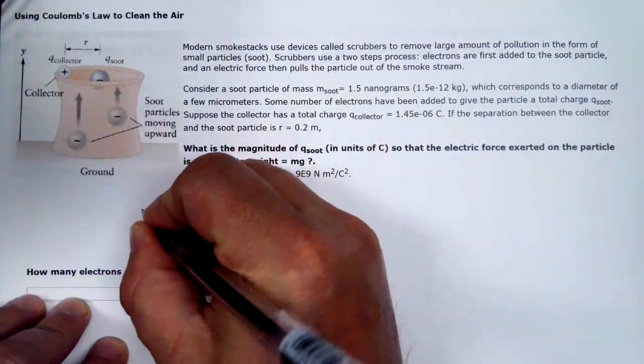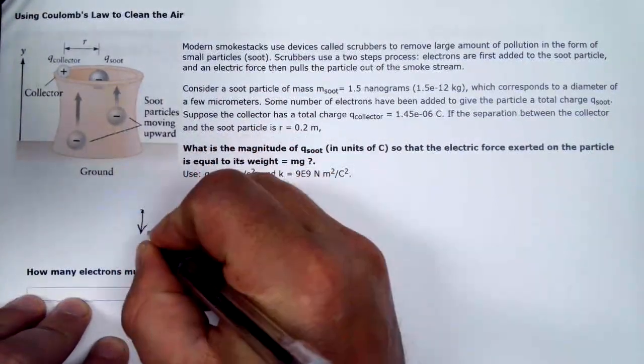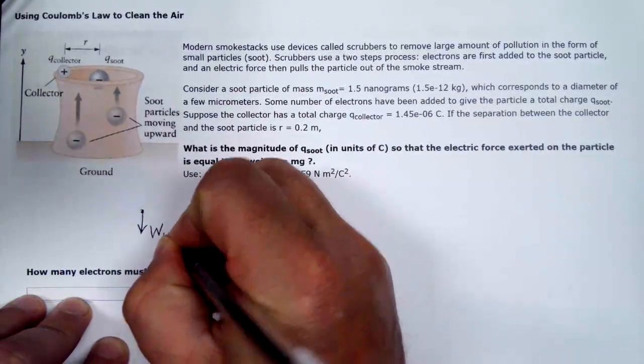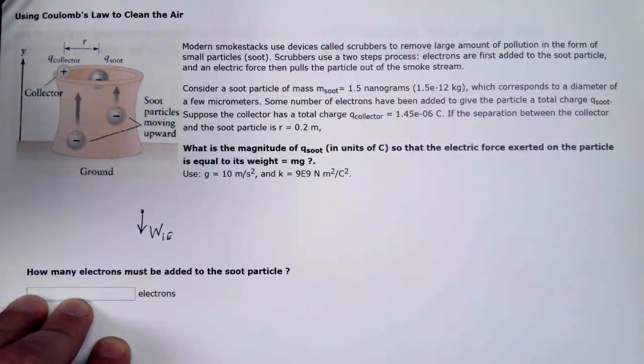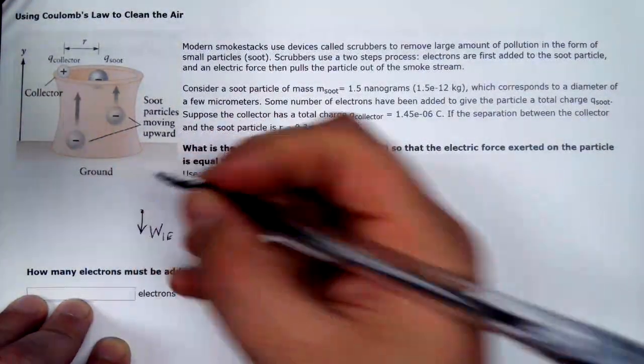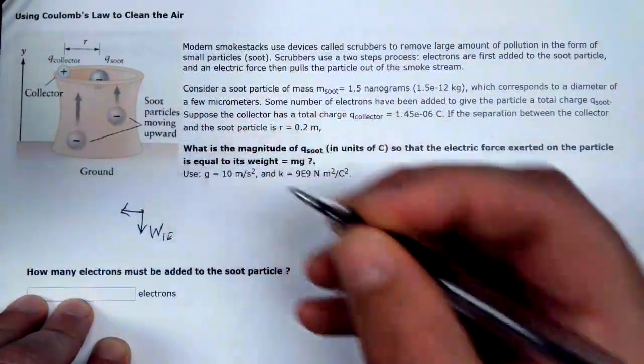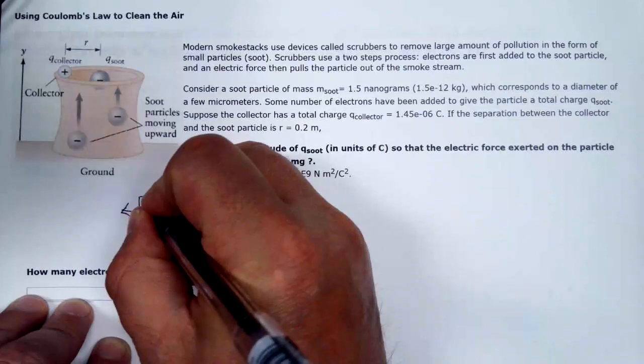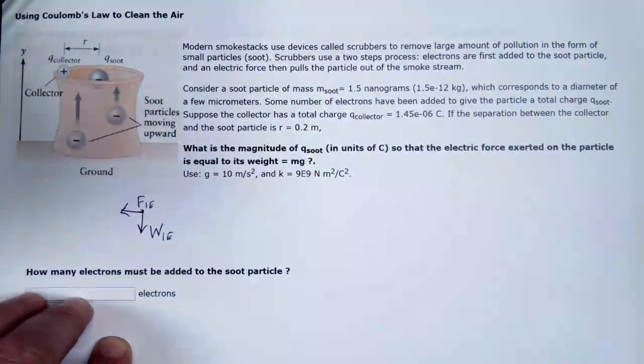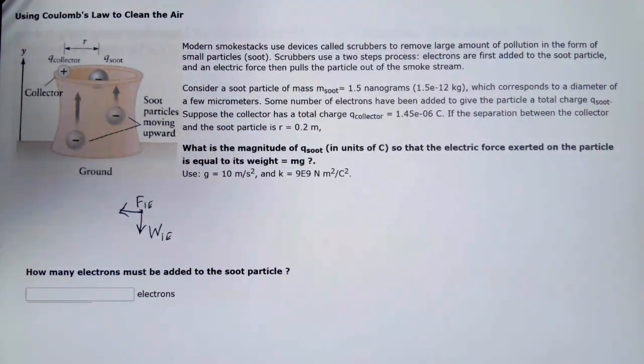Pointing down is our weight force, weight 1e, and the soot particle is getting pulled to the left. I'll call that force F1e, since it's the force by the electric field. So the magnitudes of these two forces are equal to each other.